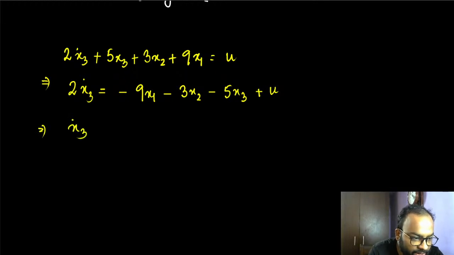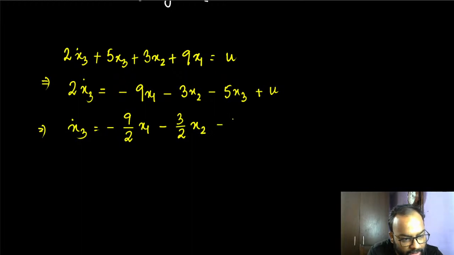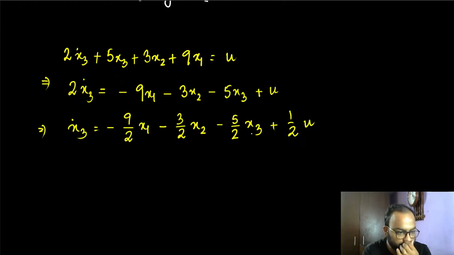That gives me x3 dot as equal to minus 9 by 2 x1 minus 3 by 2 x2 minus 5 by 2 x3 plus 1 by 2 u.